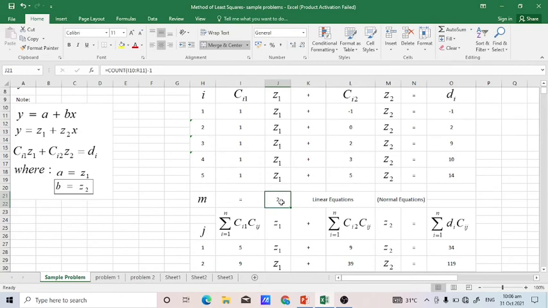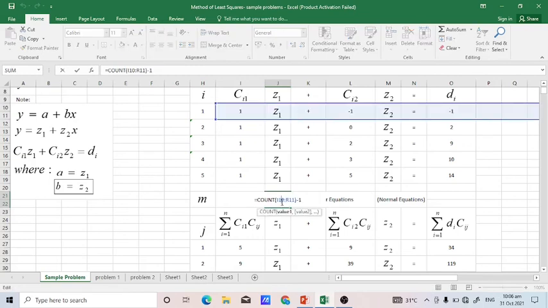So, ginawa ko dito, gumamit ako ng count kung ilan yung numbers dito, 1, negative 1, negative 1. Kung ilan yung numbers doon, minus 1. So, magkakaroon ako ng 2 normal equations, no? Okay?